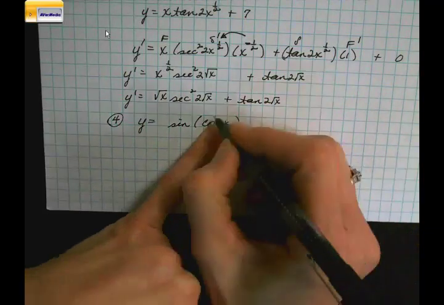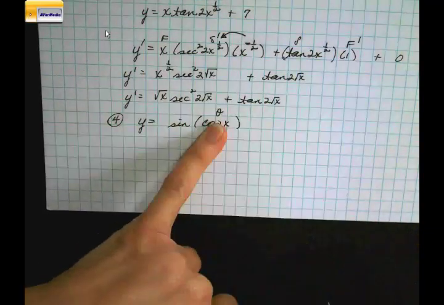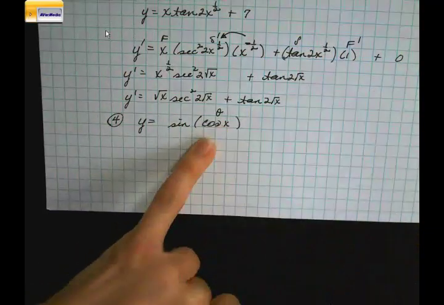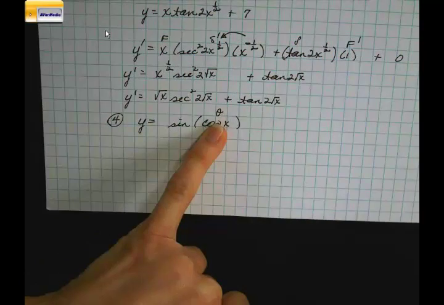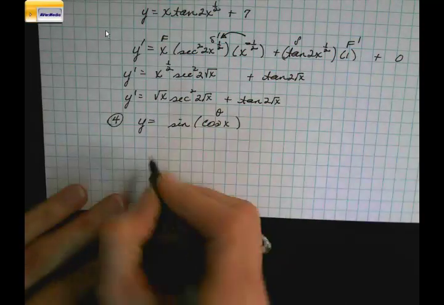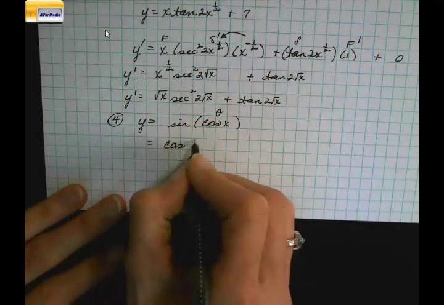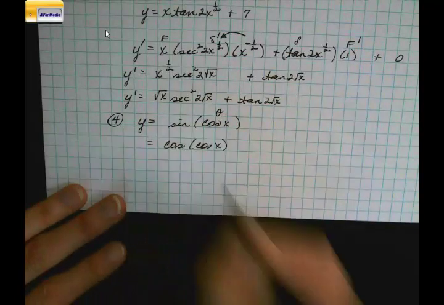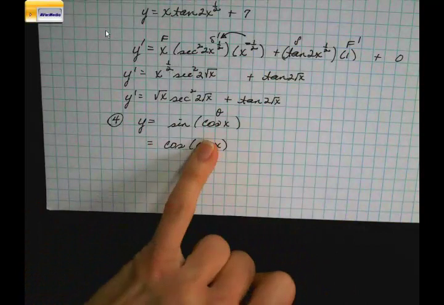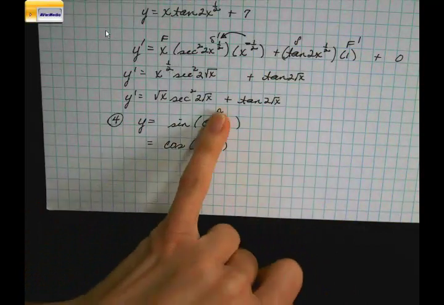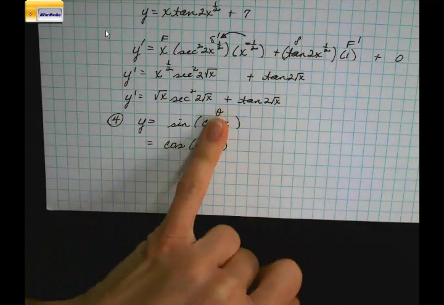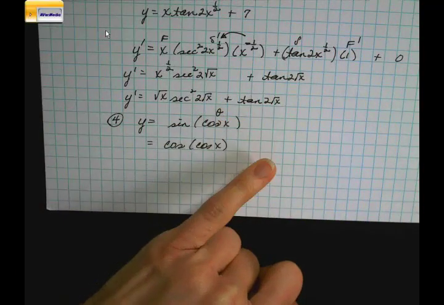Or if you want to call it sine theta, the derivative of sine theta is cosine theta, but theta is all that mess underneath my finger, which is cosine x still.